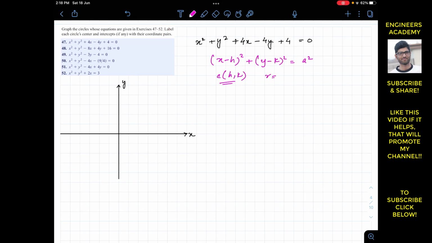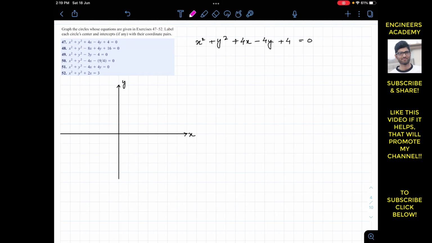So we have to convert the general form into the standard form, and once we do, we will be able to find h, k and the radius.